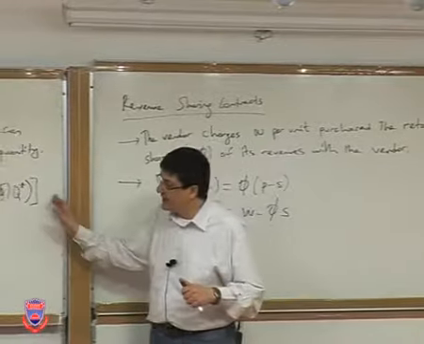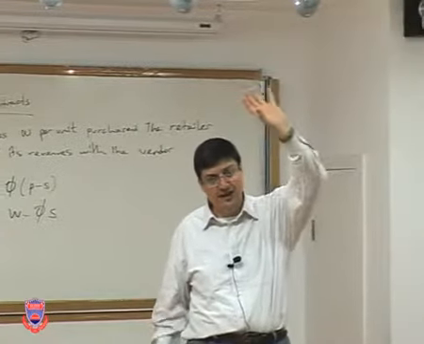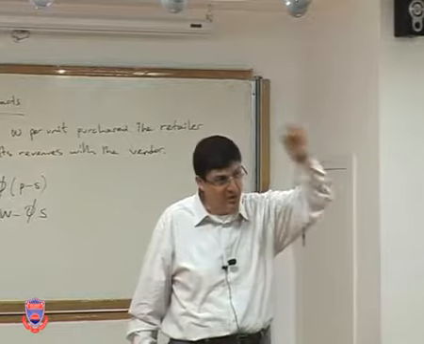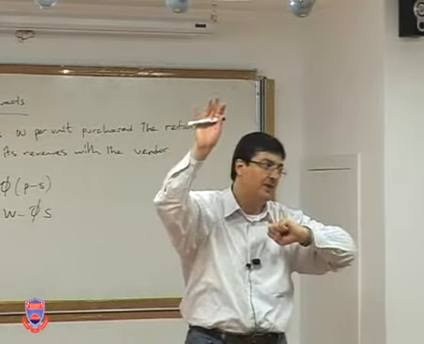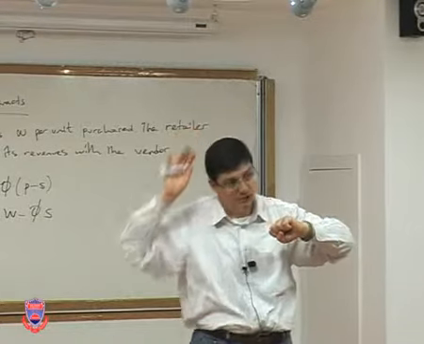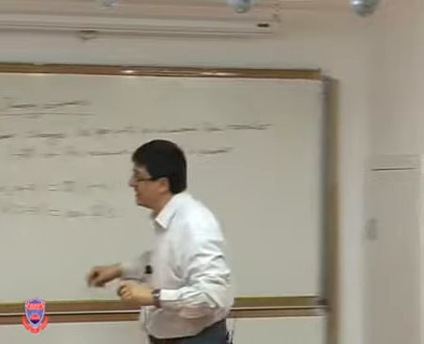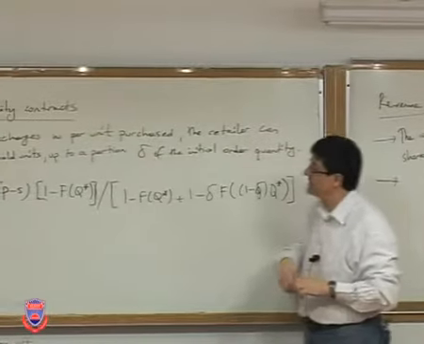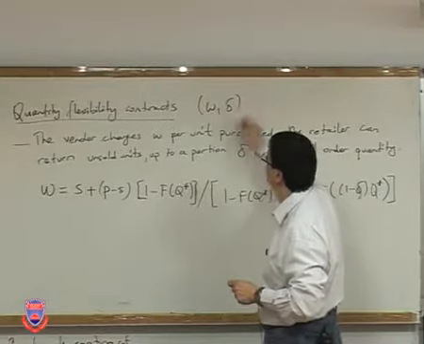Now, again, how can we obtain this? I'm going to repeat it again. You solve the centralized problem. You obtain the Q optimal for the centralized problem. Then you solve the decentralized problem for the buyer. What you want is to select the parameters of the quantity flexibility contract, which is in this case W and delta.